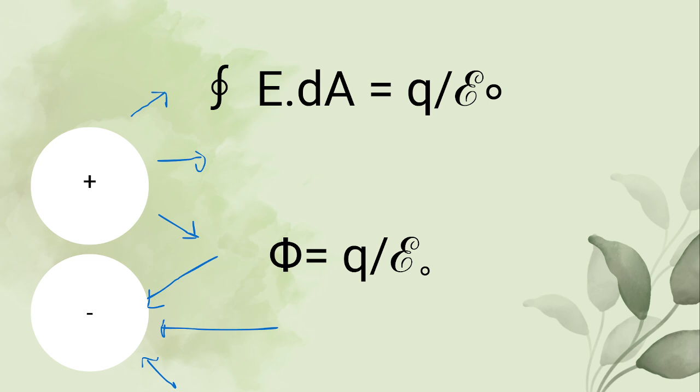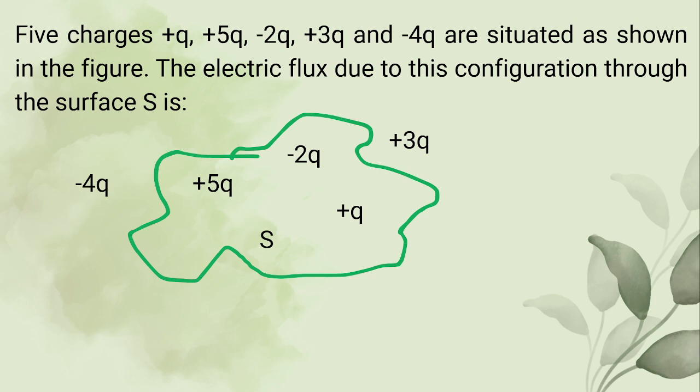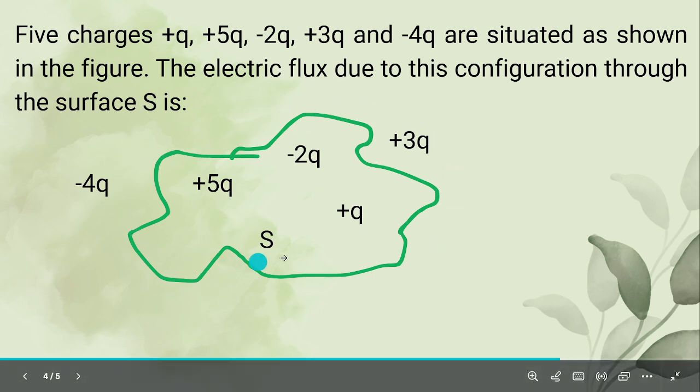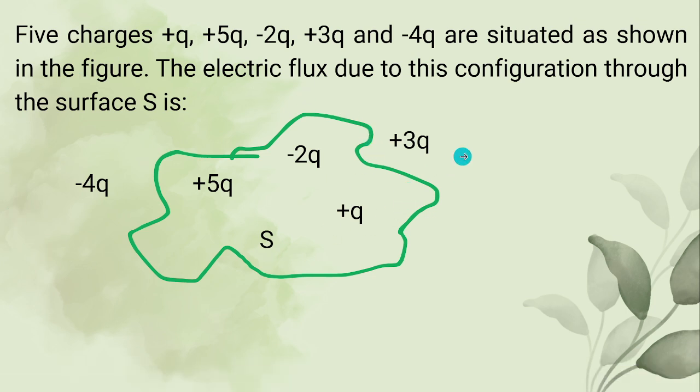Now let's move on to how we can use Gauss's law to find the solution to these kinds of problems, which are common in exams. Here we are given 5 charges which are situated inside and around a surface. Now your task is to find the electric flux.